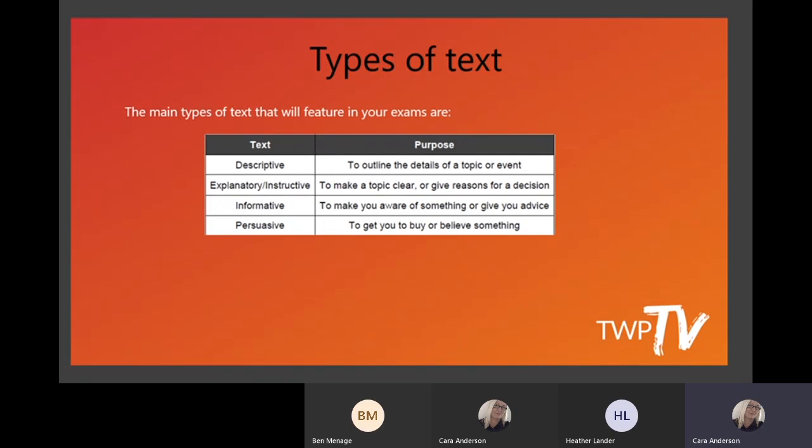You could have a text that is very explanatory or instructive, so it's going to be a clear topic to give you reasons for a decision that you're going to make. It could just be informative, so to make you aware of something or to give you advice on something. And it could be persuasive, so to get you to buy or believe something.